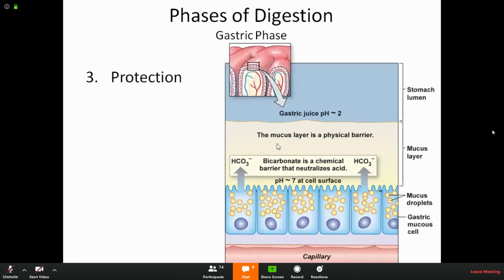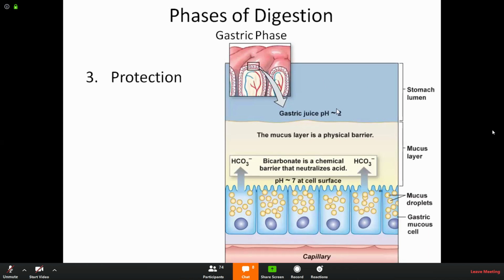Once this physical barrier is lost, the highly acidic gastric juice will cause digestion of the stomach, and it will cause peptic ulcer. So if due to some mechanism the gastric mucosal barrier is lost, it will cause autodigestion of the stomach.